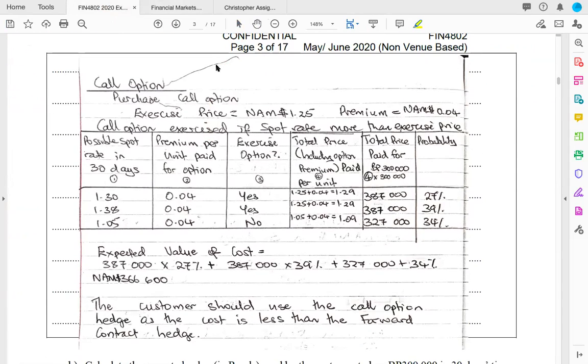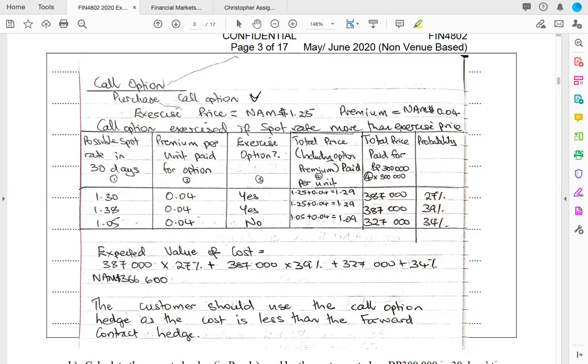And then the second approach you can use to try to hedge your exposure is a call option hedge, right? So the thing is, you're trying to compare different hedging techniques so that you can pick the hedging technique which will result in you spending the least amount of money. So with a call option hedge, you would purchase a call option, or call options, so to say.